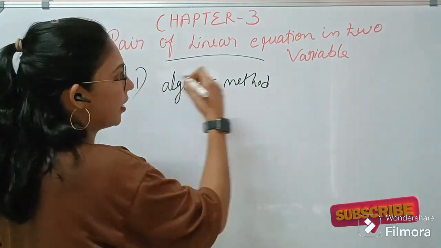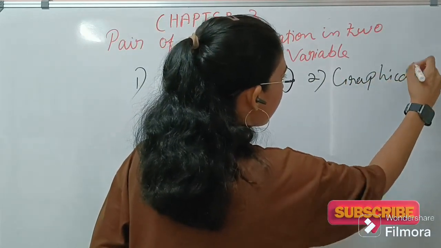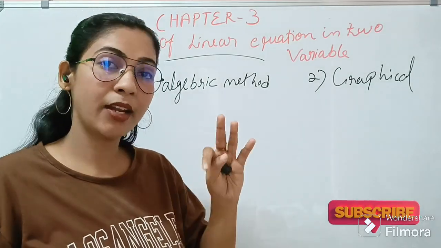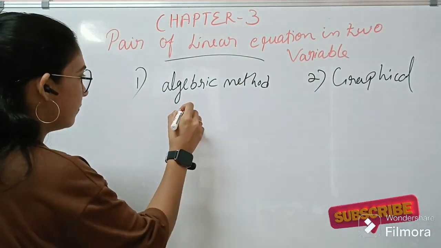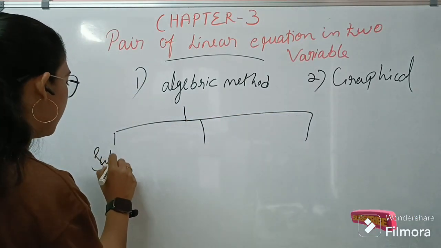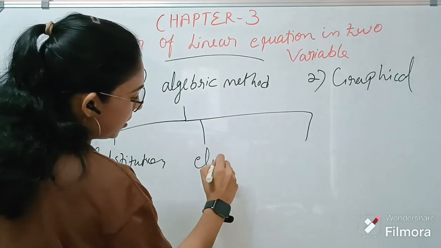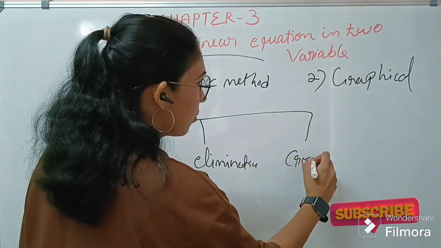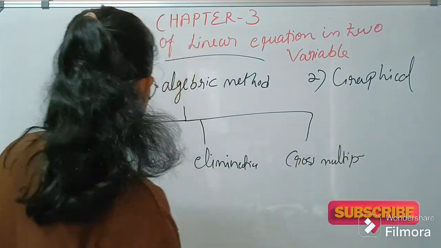And the second one is graphical method. And in algebraic method there are three more methods for finding values. These are substitution method, elimination method, next one cross multiplication method.